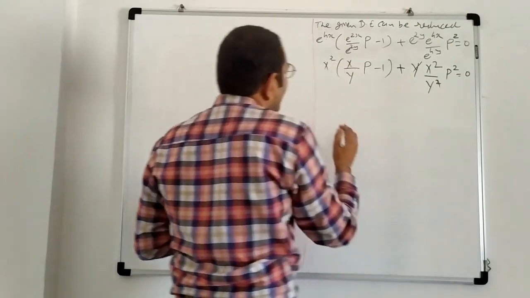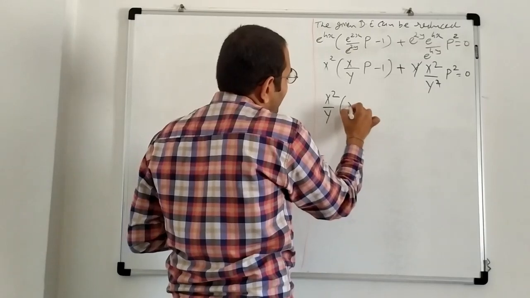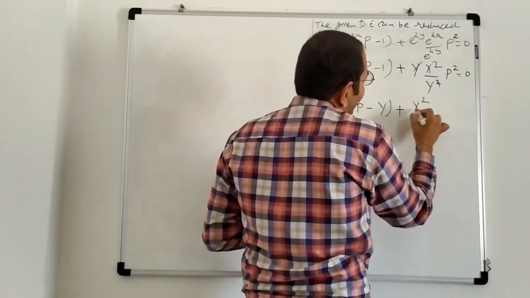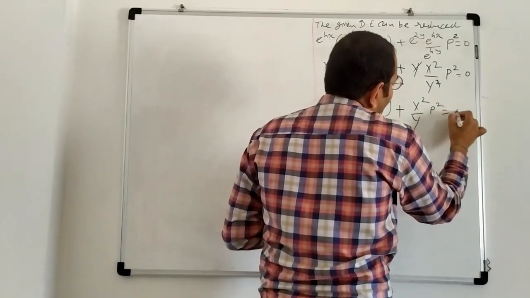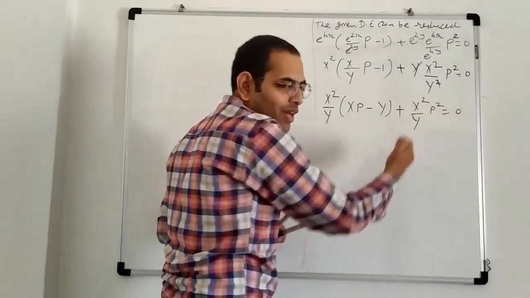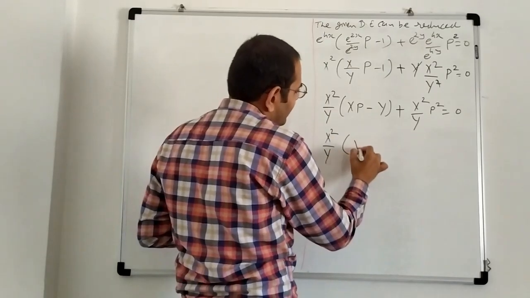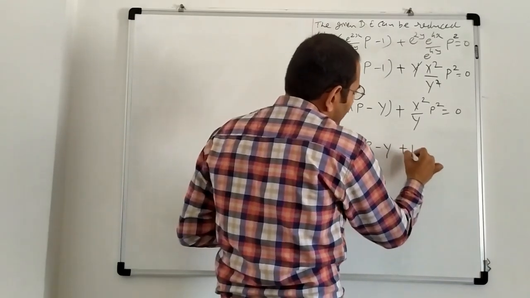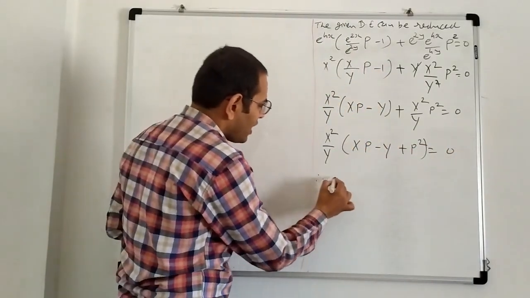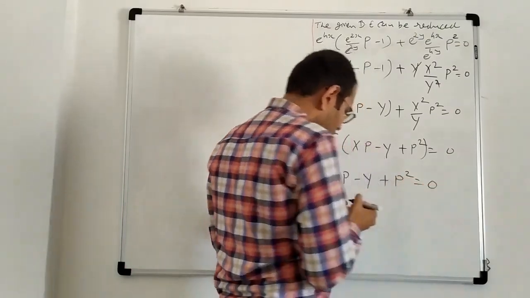This Y cancels out; taking LCM, we get X²/Y (XP − Y) plus X²/Y times P² equal to 0. Now X²/Y is common, so we get XP − Y plus P² equal to 0.